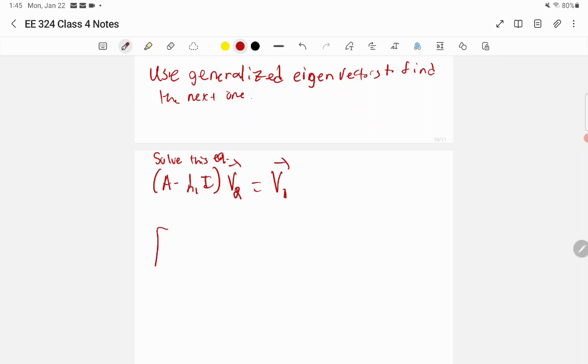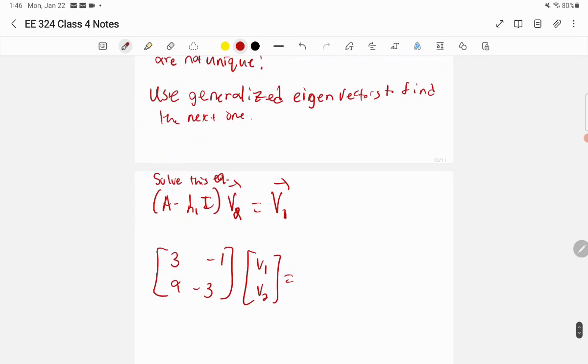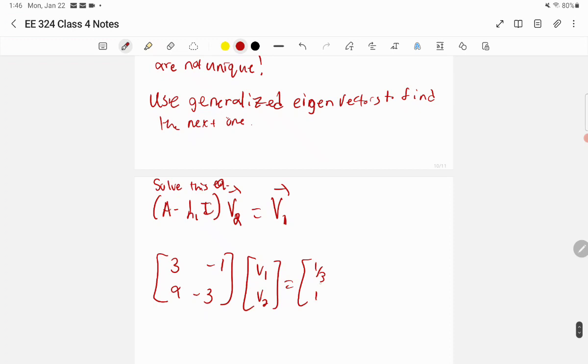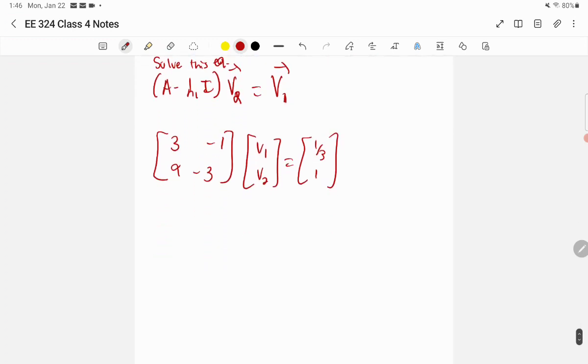And basically what it says is, again, the eigenvalue is 0, so we go 3, minus 1, 9, minus 3, times v1, v2 is equal to, well, what was our first eigenvector? 1/3, 1. Okay? So this tells us 3v1 minus v2 is equal to 1/3, and 9v1 minus 3v2 is equal to 1.